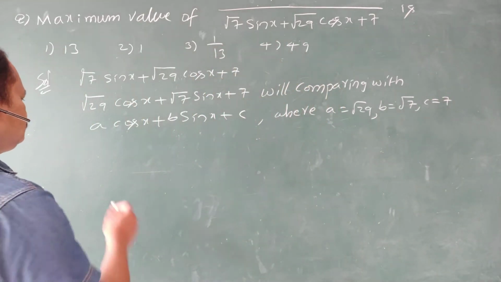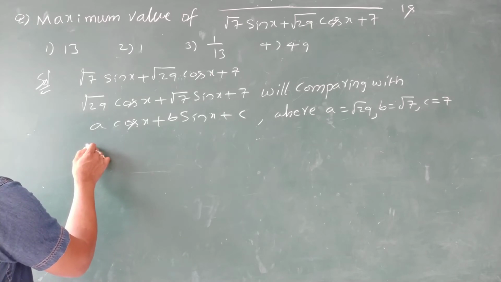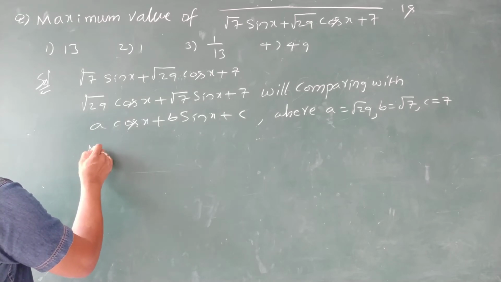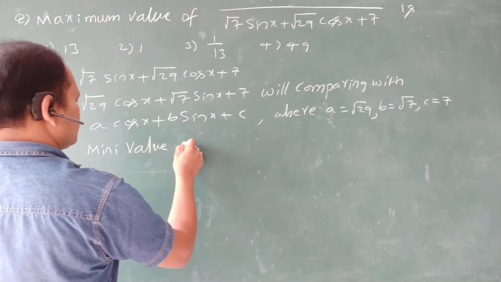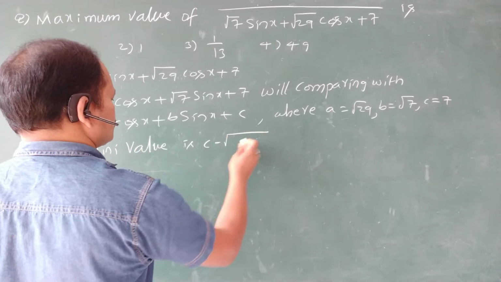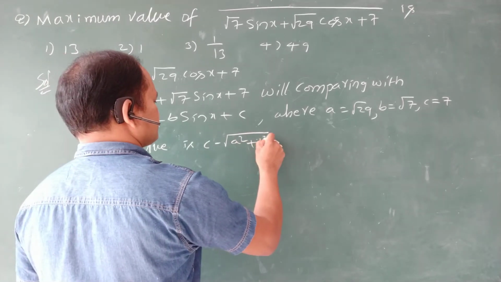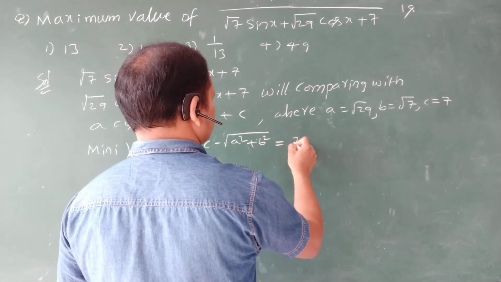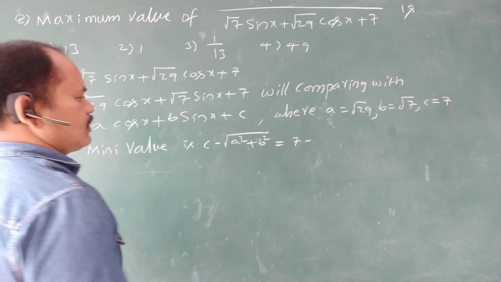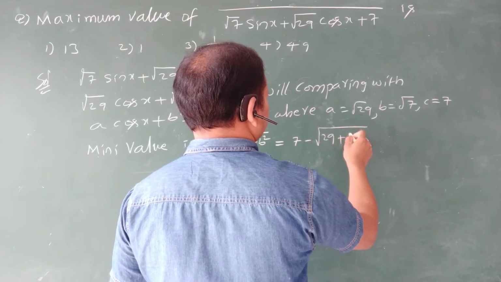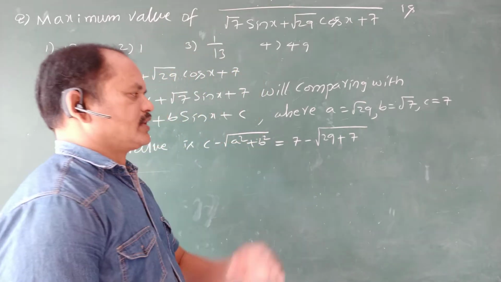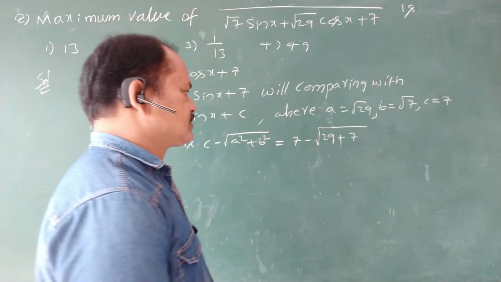Now extreme values. The minimum value is c minus root of a square plus b square, that is 7 minus root of a square plus b square. A square is 29, b square is 7. So 29 plus 7 is 36.